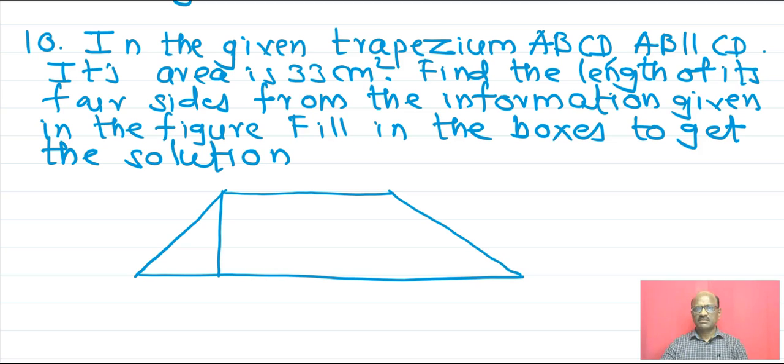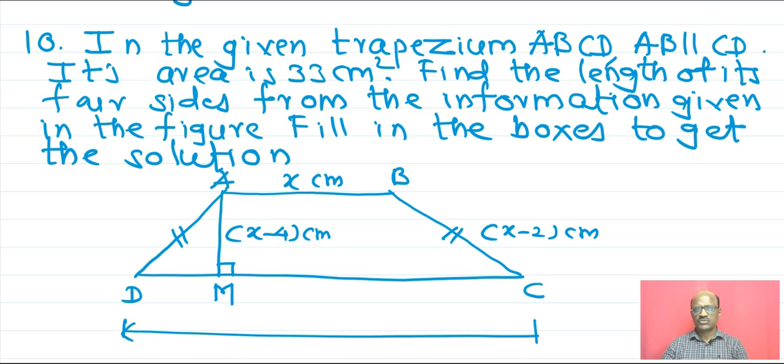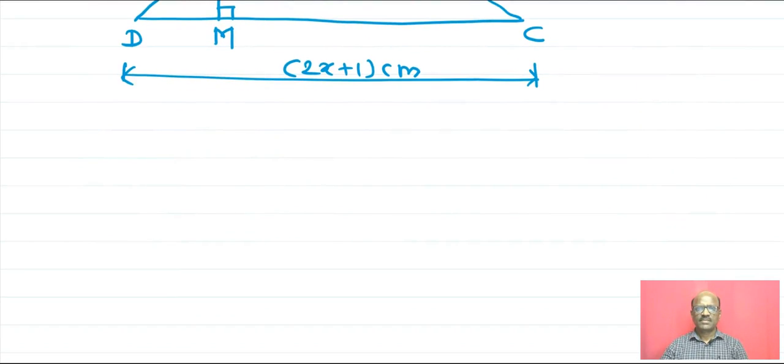Now see this trapezium. The area of the trapezium is equal to 1 upon 2 into the sum of the parallel sides into the distance between them. AM is the distance between them. AB is equal to x, BC is equal to x minus 2, and the other parallel side is 2x plus 1 centimeter.